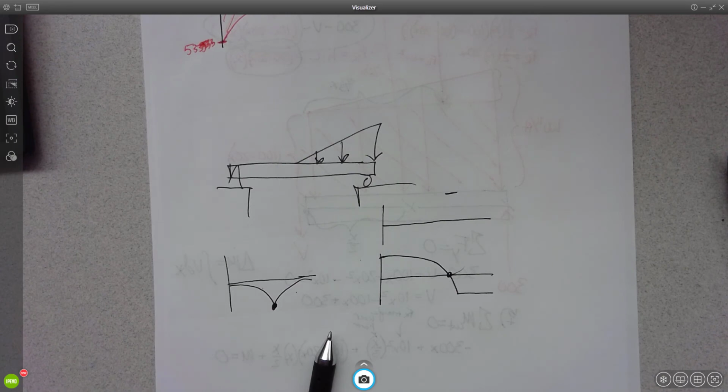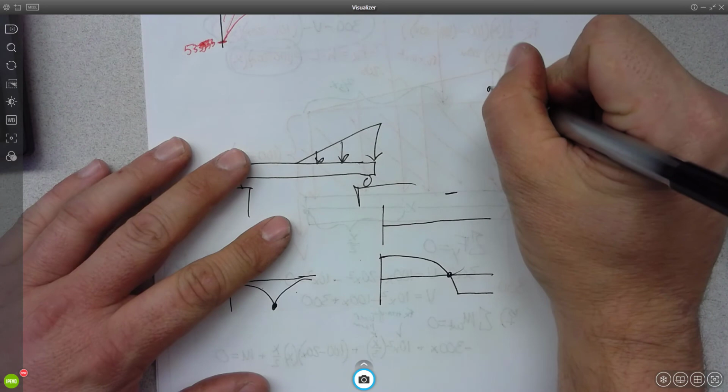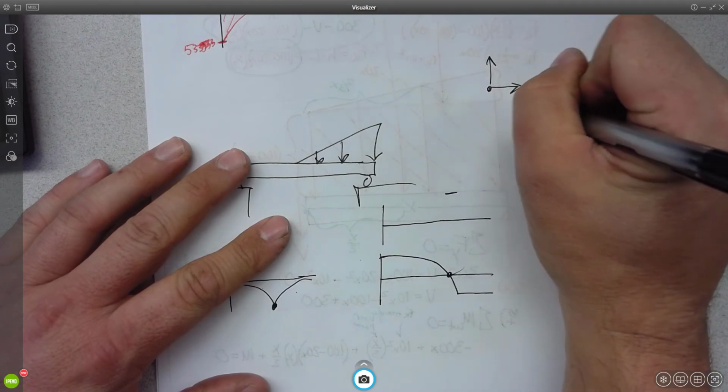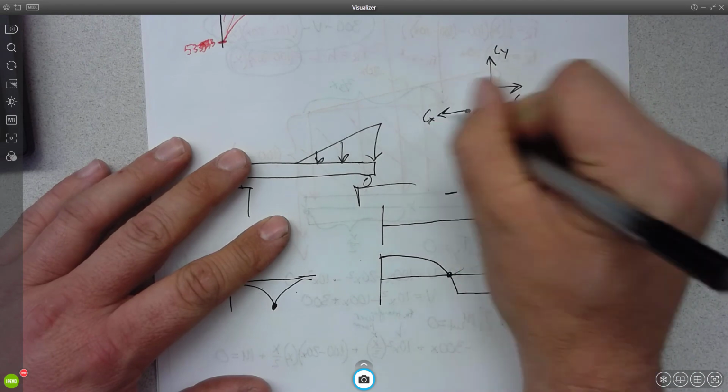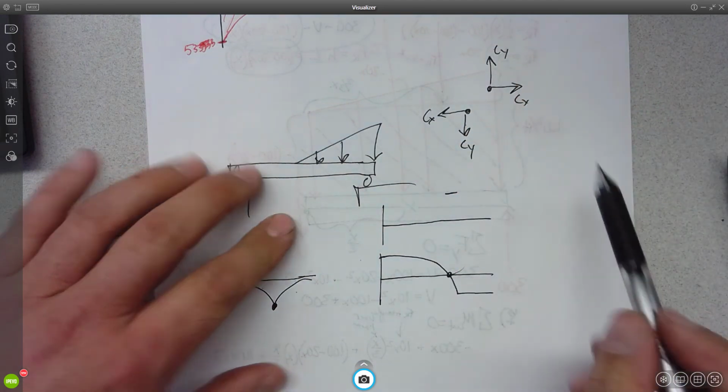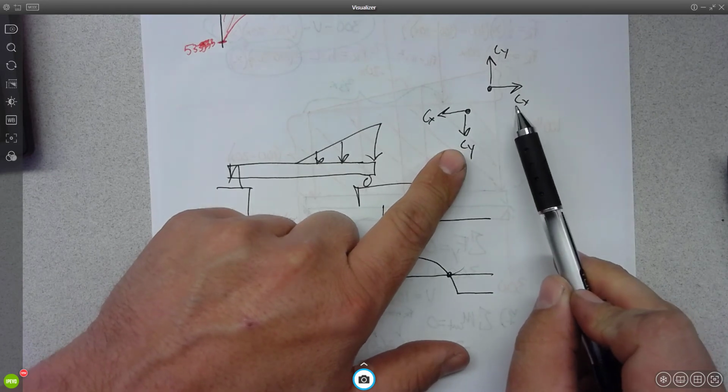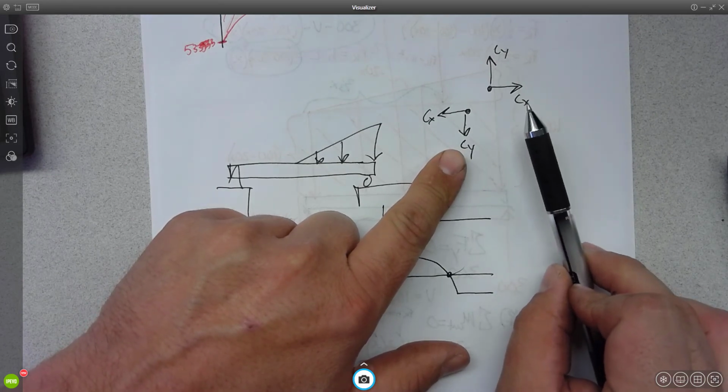The 3D rigid body is when we had the 6 equations of equilibrium. The flipping of the result at a connecting point, CX, CY, is actually frames and machines, chapter 6, section 6.6.